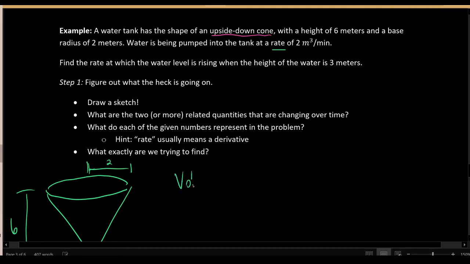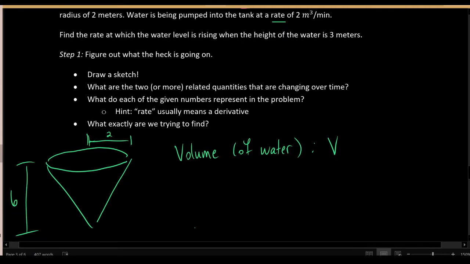So I'm going to say volume of water, V for short. What they just told me is that the water is being pumped into the tank at a rate, dV/dt, of 2 cubic meters per minute.